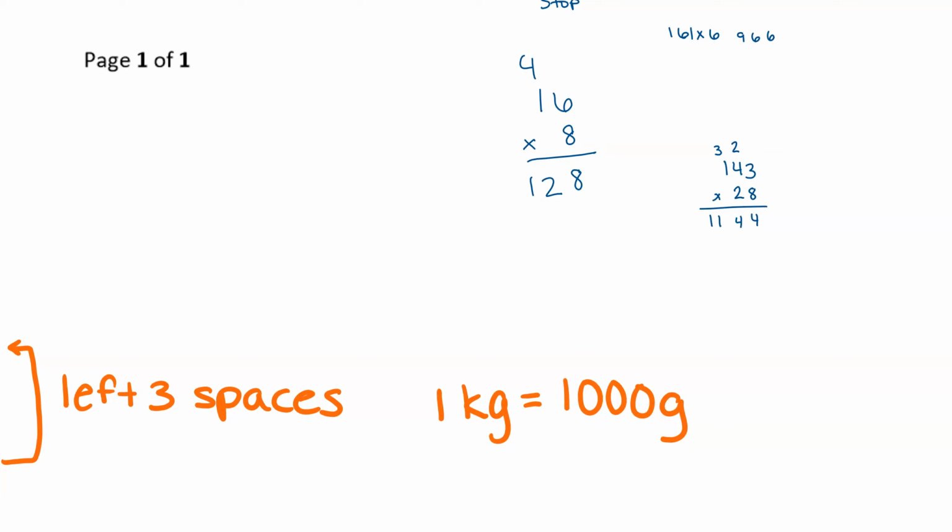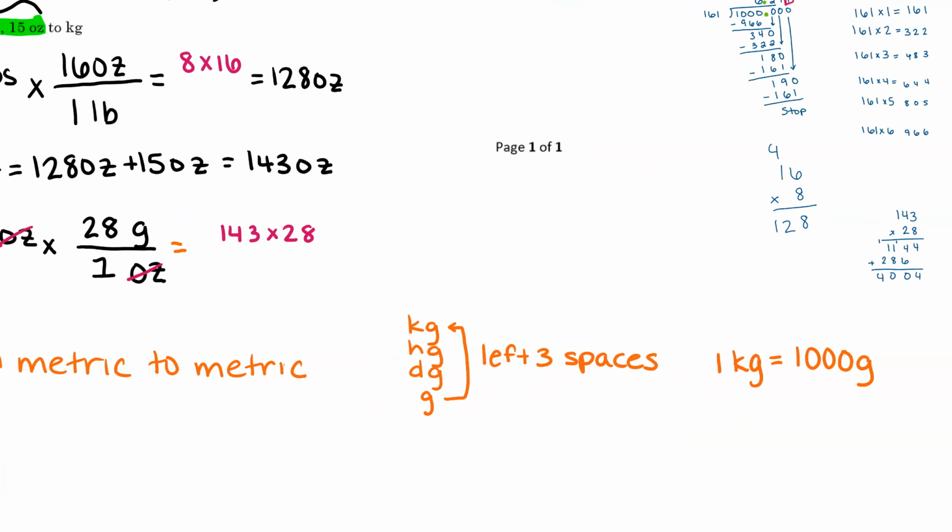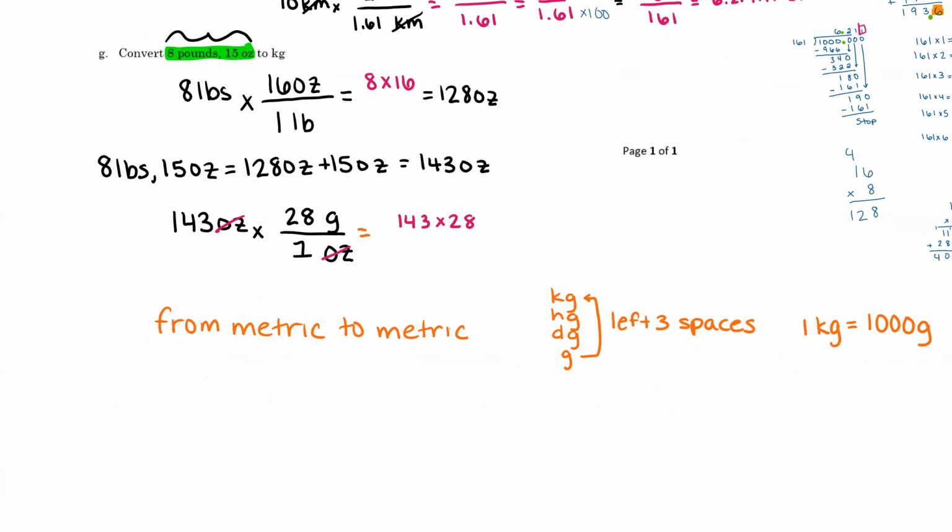Okay, 2 times 3 is 6, 2 times 4 is 8, and 2 times 1 is 2. So if I add these, I get 4,004. So this is 4,004 grams.